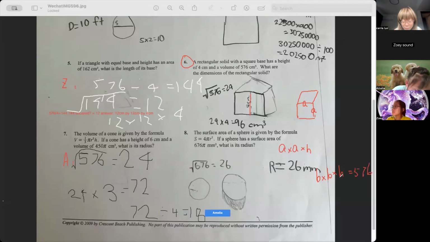576. Amelia, take a look. Do you see it? Good. And the height we know is 4? Yes. So b squared equals 576 divided by 4, correct?